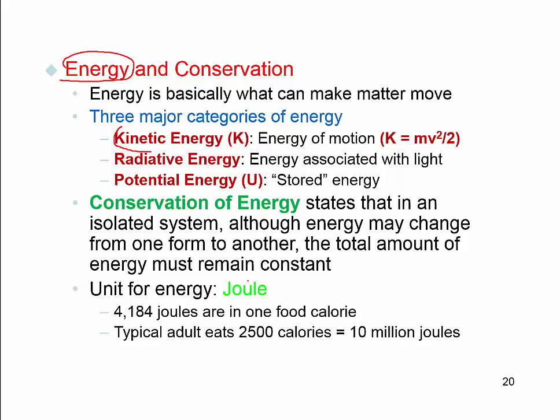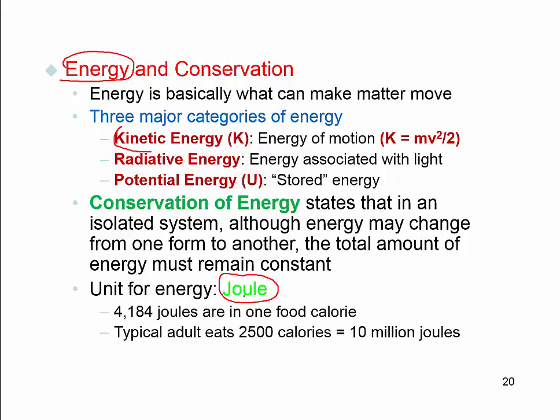Now, energy is measured in a unit called joule. I know I'm introducing too many concepts and too many names, but make a note of these things, and when we use it next time, you should be familiar with it. What is the unit for measuring energy?